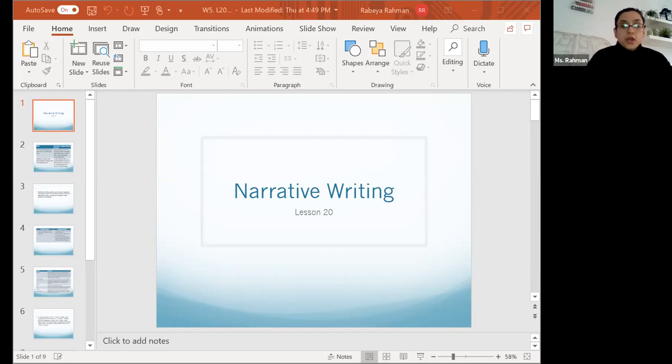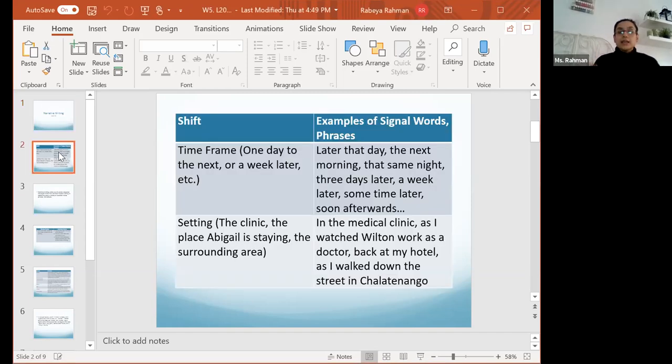So we also need to think about where's Abigail staying and what is she surrounded by, right? So let's take a look at the PowerPoint. I have a slide up that showcases exactly the shifts of time and setting, okay?